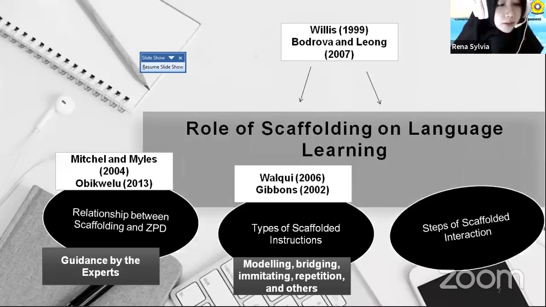So Willis in 1999 said that one of the useful instruction strategies as an input that helps learners to learn language during interaction is scaffolding. And then Bodrova and Leong also said that scaffolding is a tool to guide during the interaction.